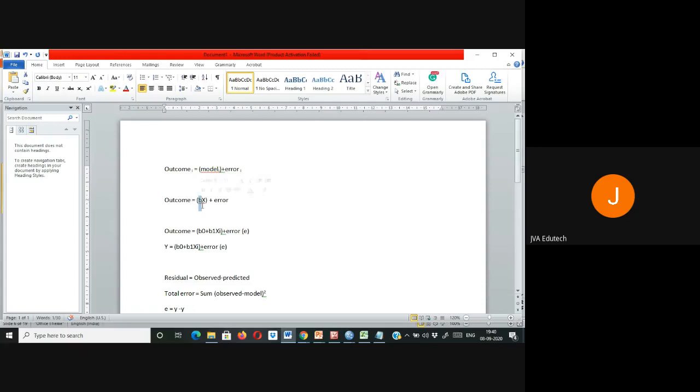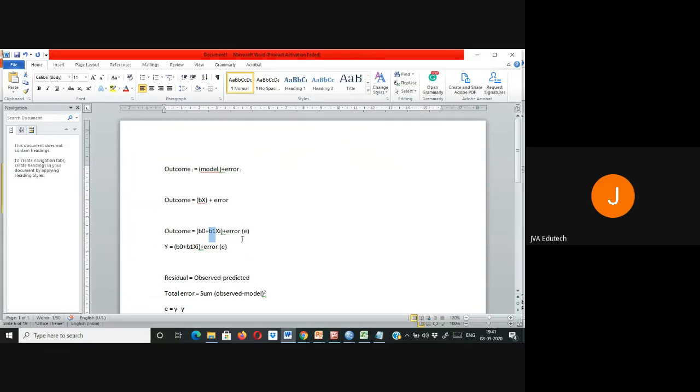But since this b is in a very standardized format, when you are trying to predict something, your prediction becomes unstandardized. So based on one unstandardized value, you cannot predict the overall outcome.